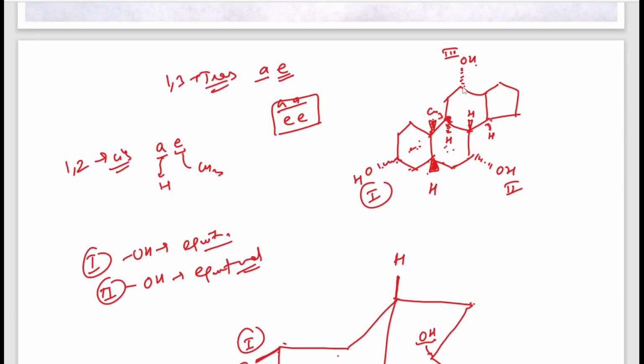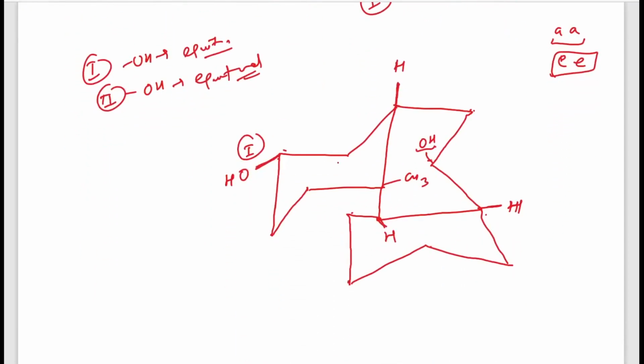This proton and hydroxyl group are cis to each other. And in 1,3 cis to each other, meaning both should be either axial or equatorial. And this hydrogen is at equatorial position. It means that corresponding to it at third position, hydroxyl should also be at equatorial because both are cis to each other.